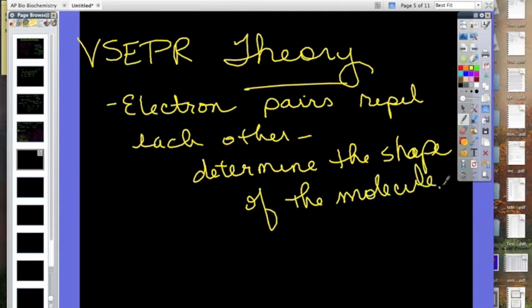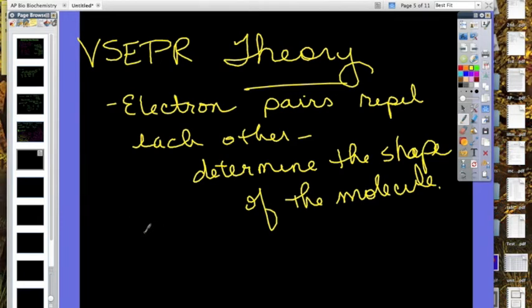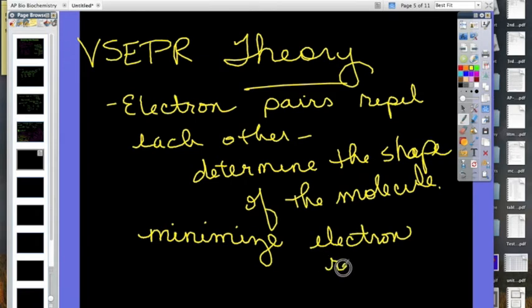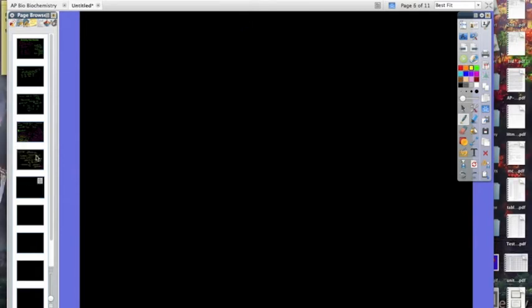Okay, now if they determine the shape of the molecule, the reason that happens is because the electrons repel each other, so they are trying to minimize the electron repulsion. So you need to be able to look at a molecule and know what shape that would be.